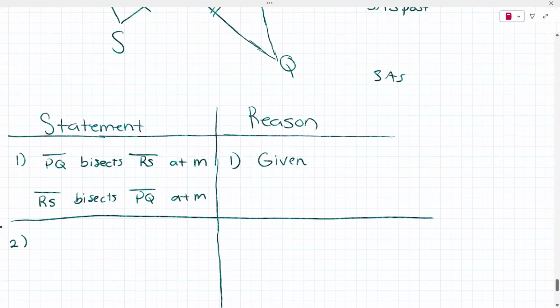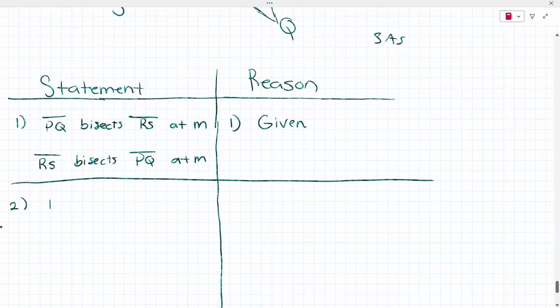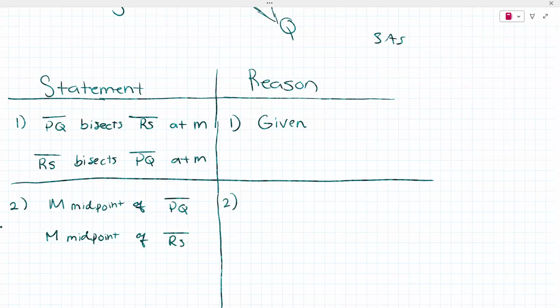Yeah, we can say that. So we could say M is the midpoint of line segment PQ, and M is the midpoint of line segment RS. And that would be the definition of a segment bisector.